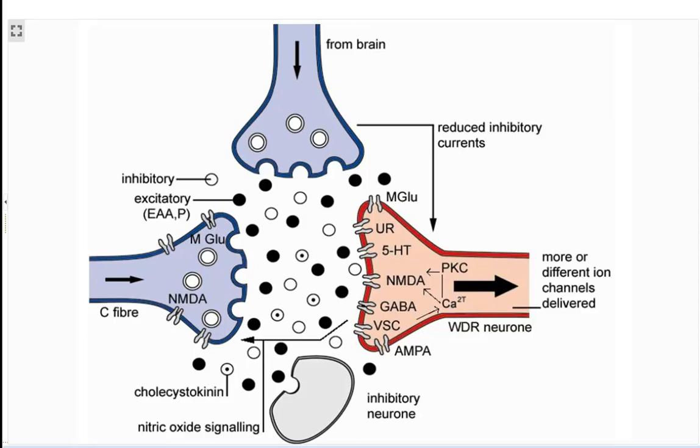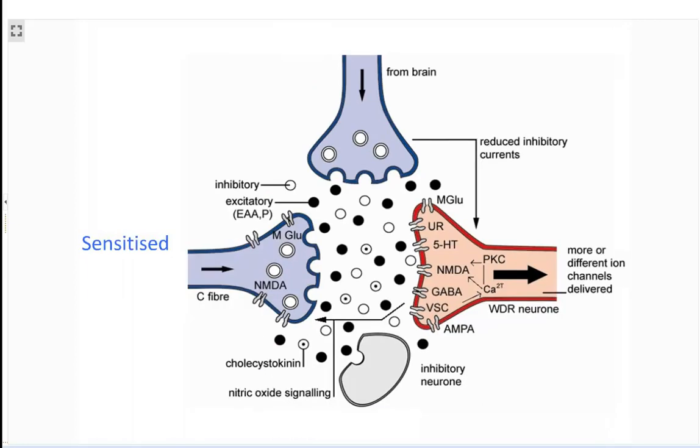But on the wide dynamic range neuron, we can see that there are a number of additional ion channel gates that have been laid there, so there is more potential for some of this neurotransmitter to be taken up by the wide dynamic range neuron, and we get a stronger signal.